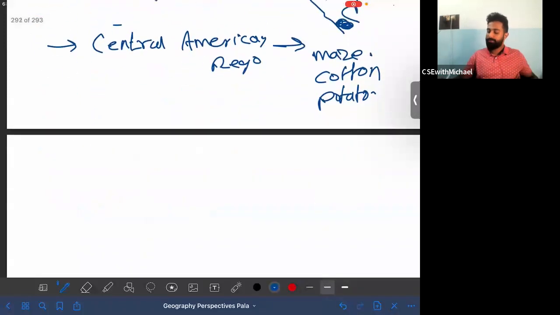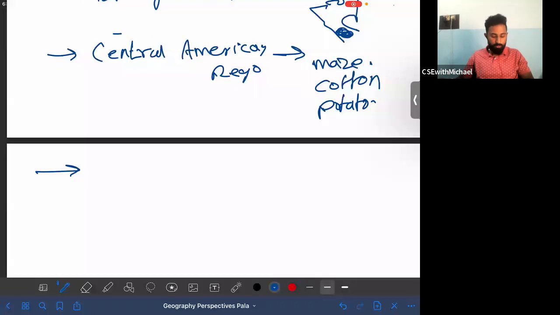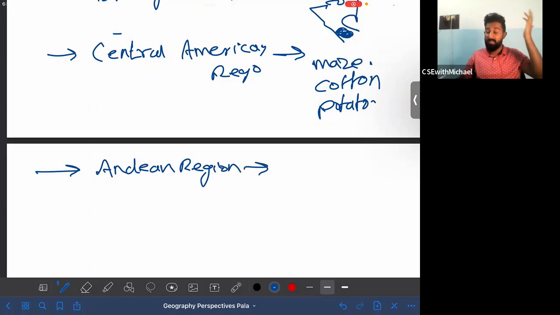Now, the next one is what you can call the Andean region. Just keep on writing with me. Andean region is famous for what? These are the hilly, mountainous terrain of the Andes mountains.